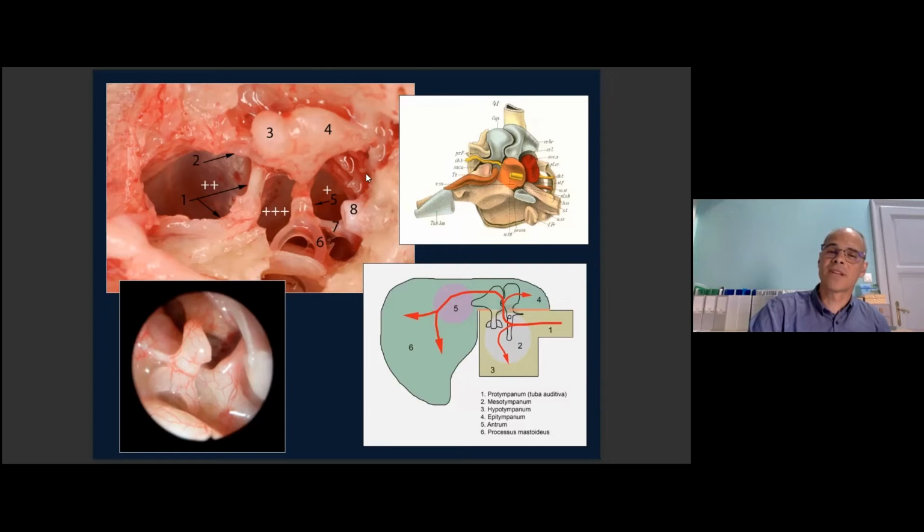So we have got a huge surface between the mesotympanum, so the space behind the tympanic membrane, and the space where you can find the largest part of the auditory ossicles. This is a large area, and almost half of the anterior part of this area is covered with the tensor fold.